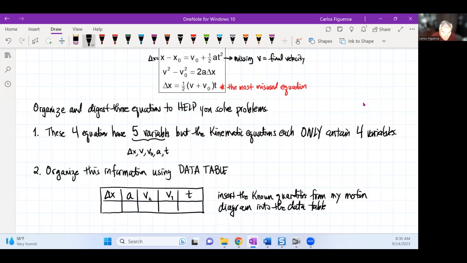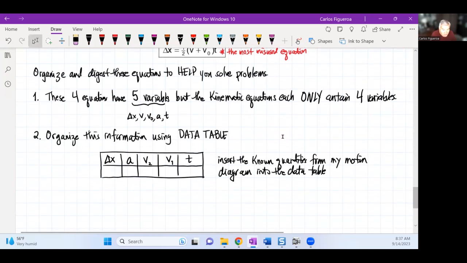You know, it's another way of just writing a quantity, sort of like what you know and what you don't know. This is a different way of organization, but you'll see that the data table is very important to how I set up what I call a kinematics table. So what you're seeing here is that each equation requires 4 variables.